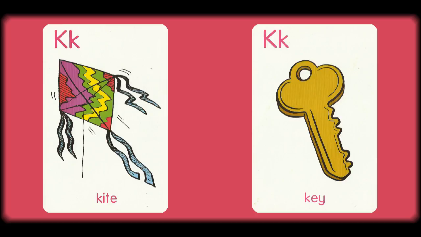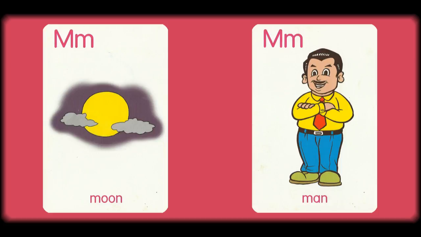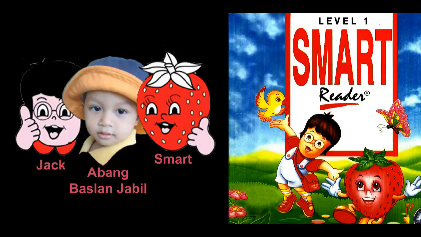K, k, key. L, l, as in lemon and lion. L, lemon. L, lion. M, as in moon and man. M, moon. M, man. Right. From now on, I want to hear you repeat the words faster than your friends.